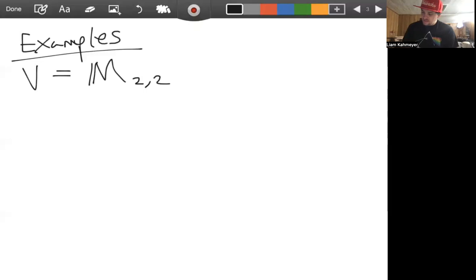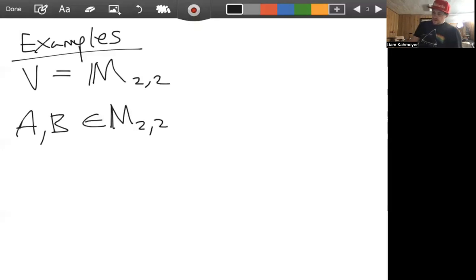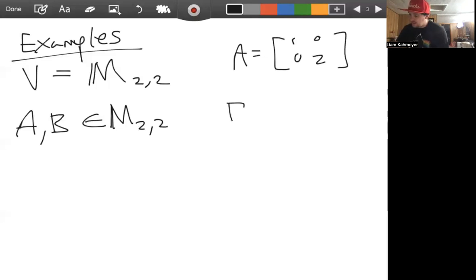Now, let A and B be elements of the vector space M22. First let's define what A and B are, right? We have A is given by 1, 0, 0, 2, and then B is given by 0, 1, 1, 0.